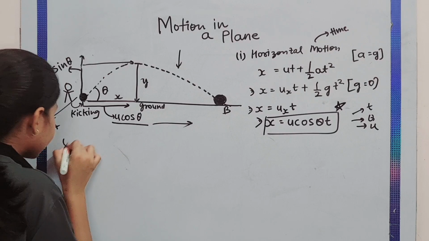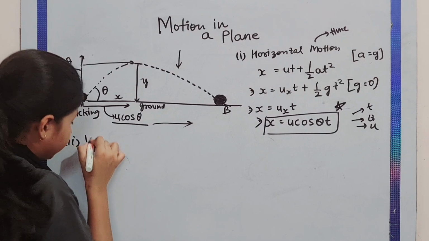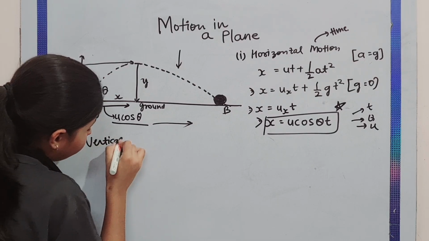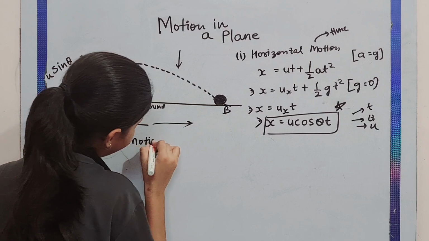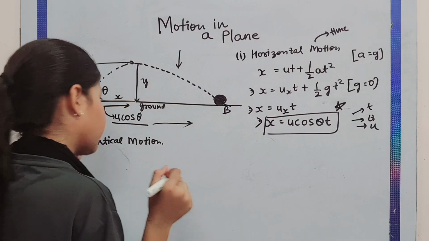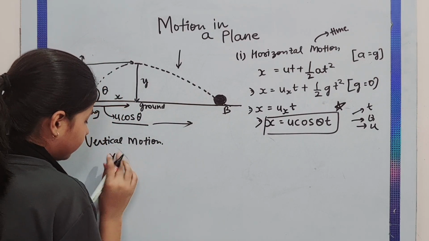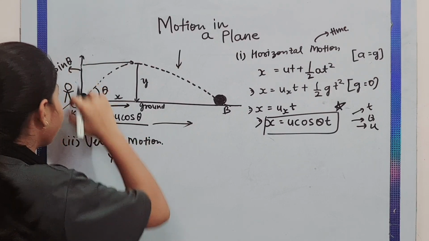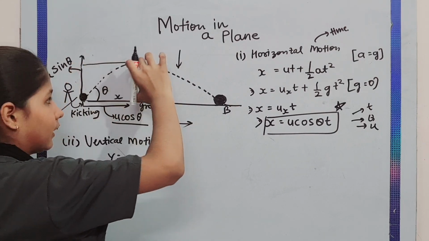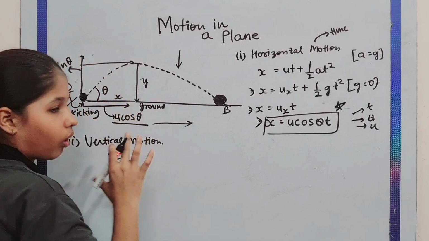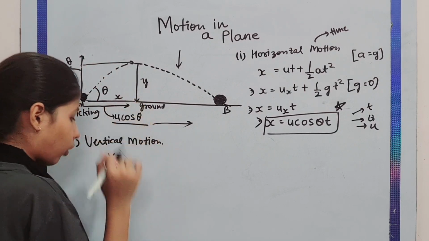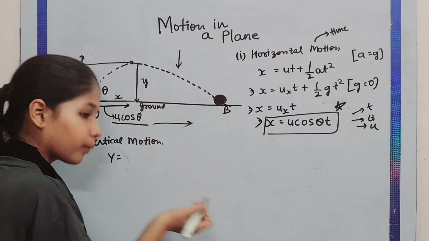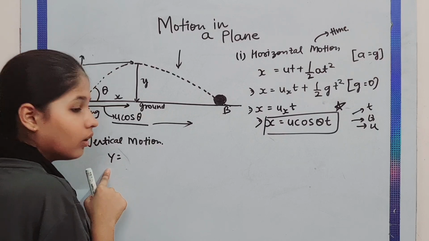Now, our second will be vertical motion. Okay? Vertical motion. I will write here y, because I am finding out the maximum height. Then you can say vertical motion of the ball, or you can say the particle. So we are finding out from the y-axis, and that's why I am writing here y.